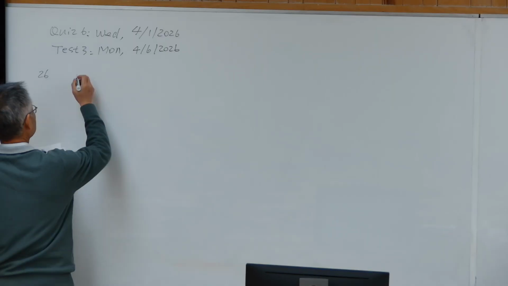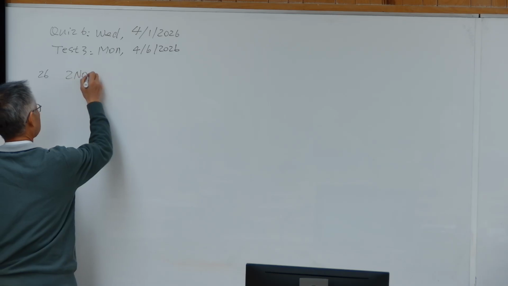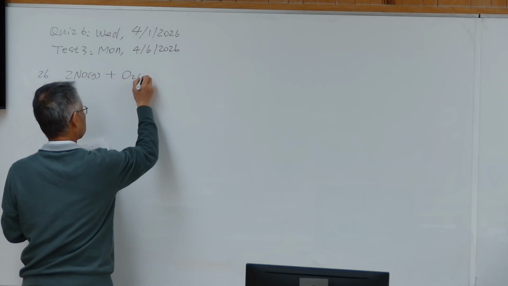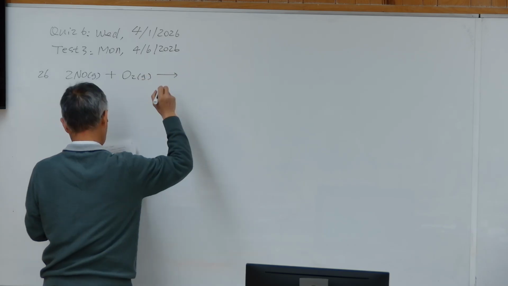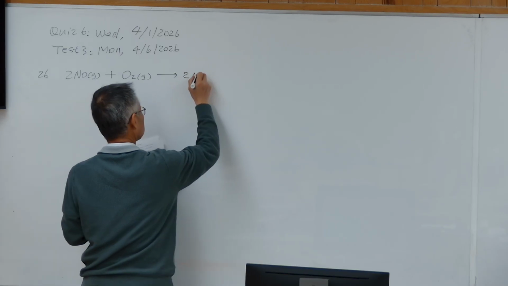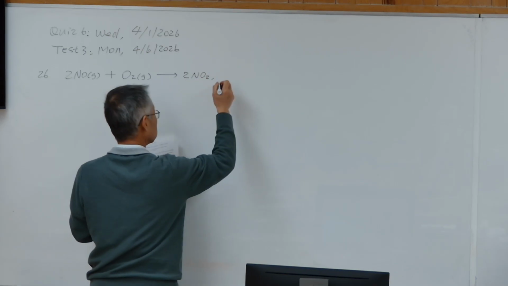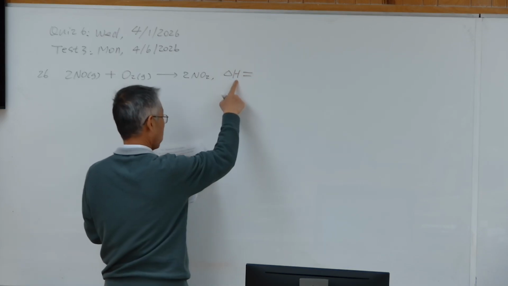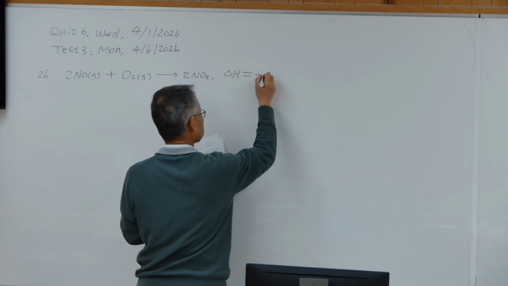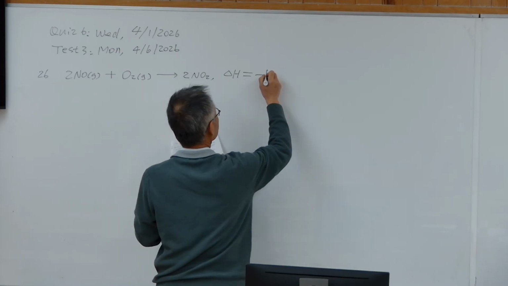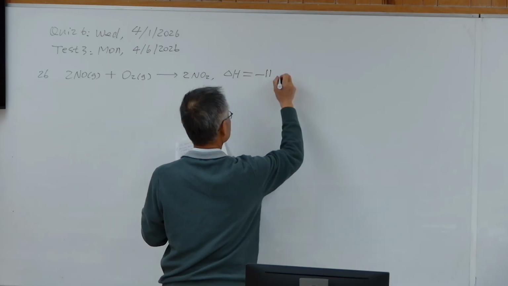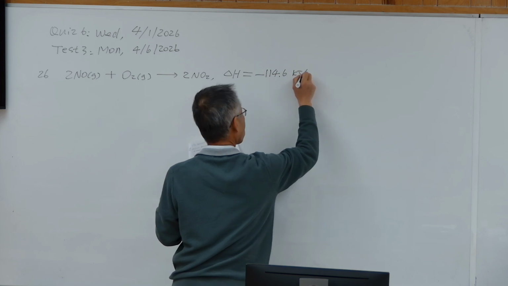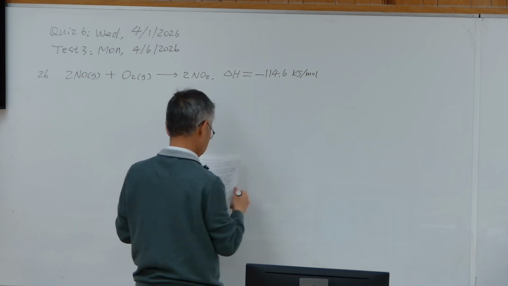The equation is 2NO reacts with O2 to produce 2NO2. The heat released, also the reaction enthalpy of this reaction, is negative 114.6 kilojoules.